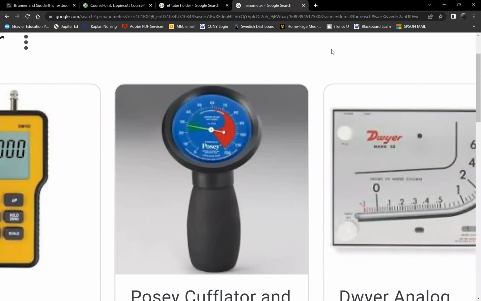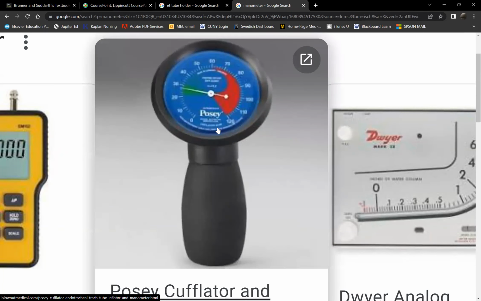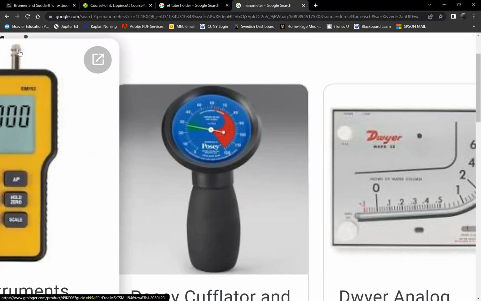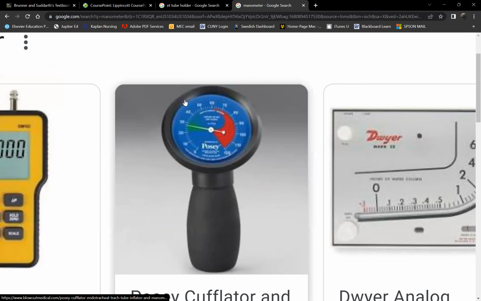You put it on the tire and it gives you a pressure, how many PSIs are in your tire. So it measures tire inflation pressure, correct? This one will do the same. On the side of this will be something like this.